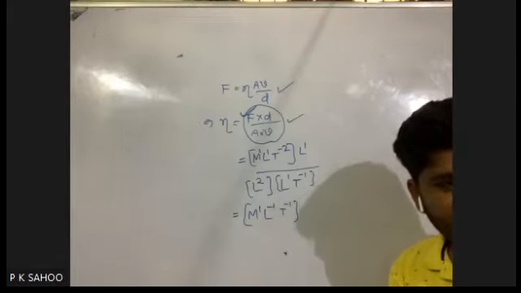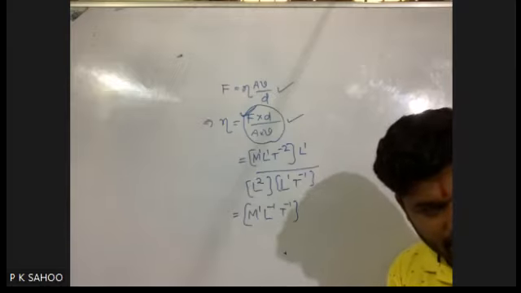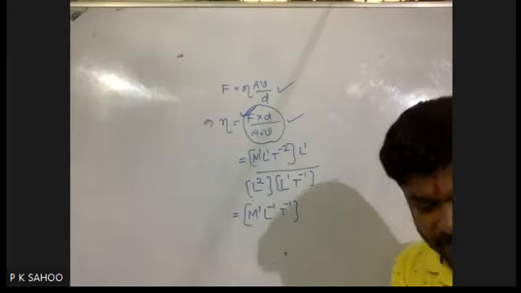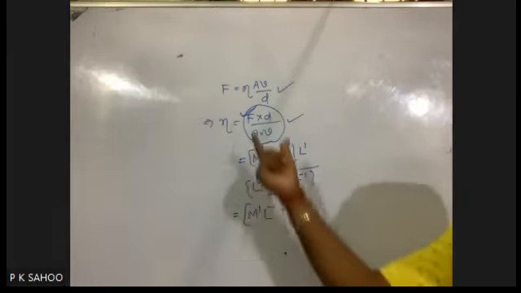See what is given there. Yes, sir. M1, L minus 1, T minus 1. Okay. So now in this way, you have to find out the dimension.